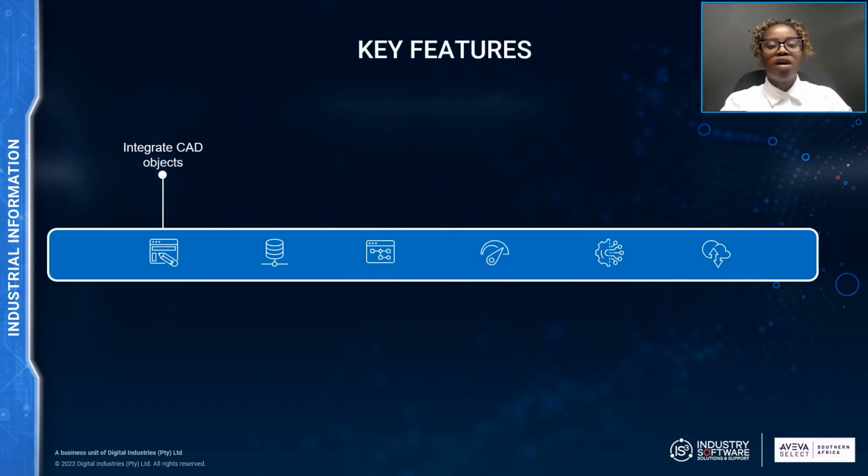In addition, AVEVA Point Cloud Manager has the following key features. Integration of CAD objects. This is done by bringing CAD objects into your Point Cloud dataset from compatible packages and by finding project tie-ins to help drive engineering decisions.